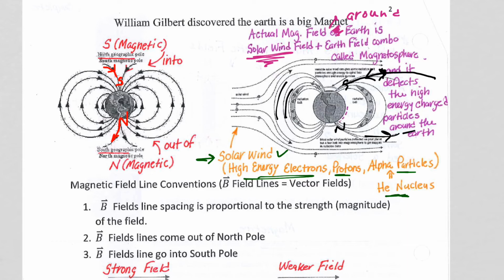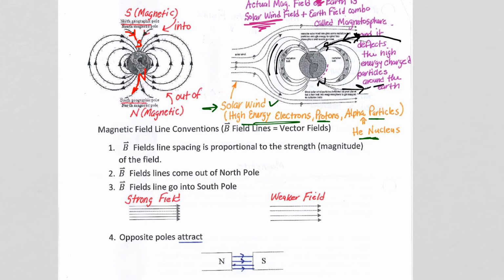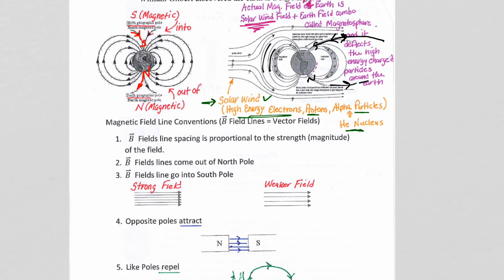Well, the last part of this lesson is really just a reminder, for the most part, that we have a vector nature of the magnetic fields that follows all the rules of our vectors, that we have strong magnetic fields, always going from north into south, and the field lines close together would represent a strong field.